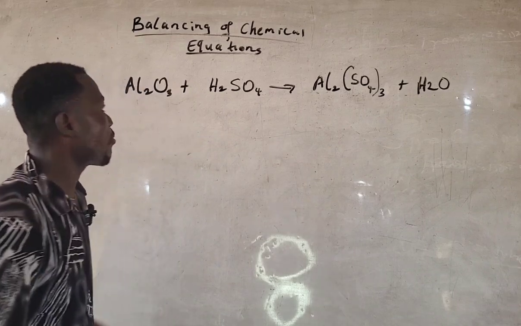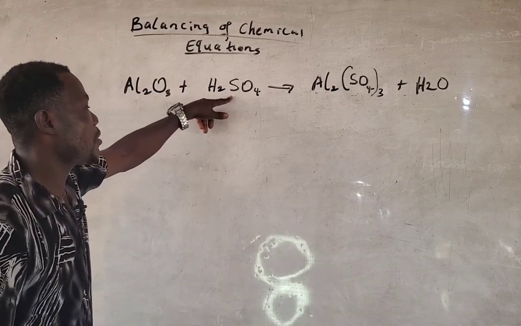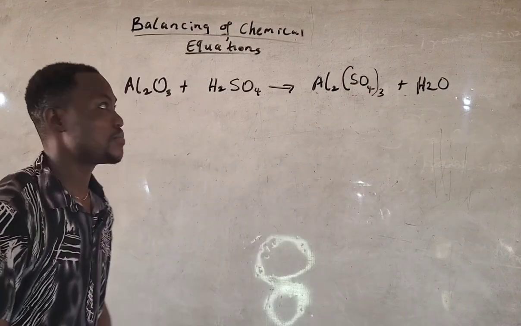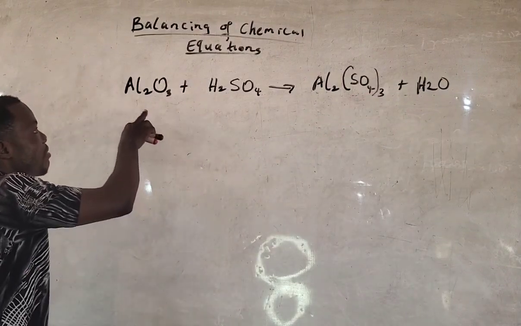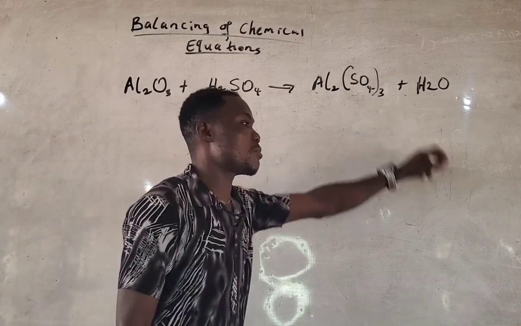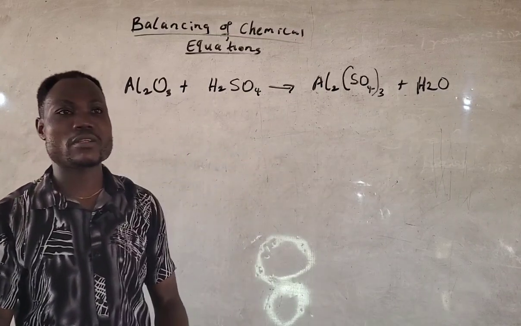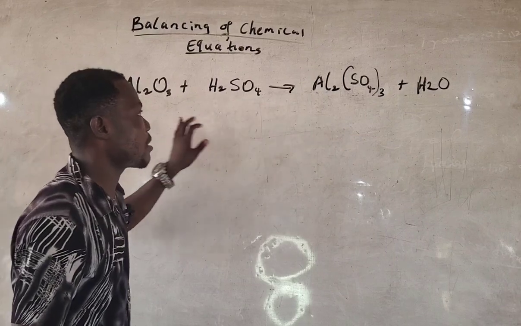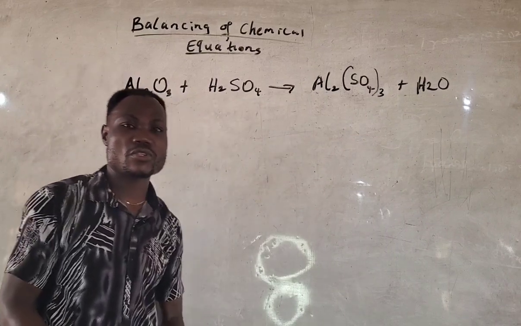Then for the sulfur we have 1 atom of sulfur here and 3 here. So it's not balanced. Coming to this side, we have 2 atoms of hydrogen and 2 atoms of hydrogen. Hydrogen seems to balance. So because of the sulfur and oxygen that are not balanced, we need to balance the equation.